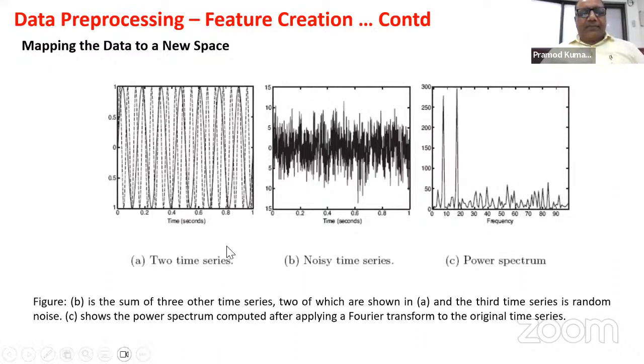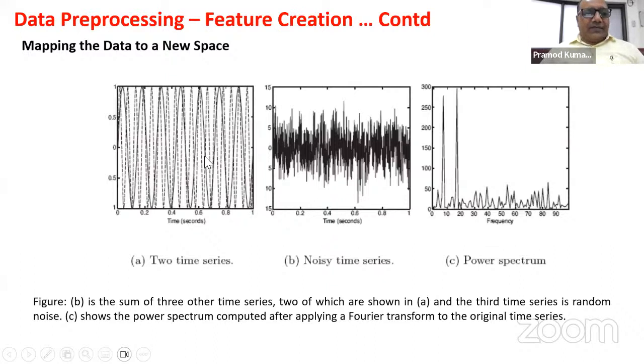This is one time series data. You see that there are two patterns here, two different time series. One is shown by the solid line, and the other pattern is shown by the dashed line. So there are two different time series data here.